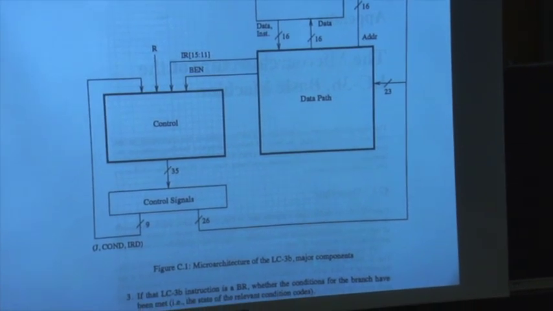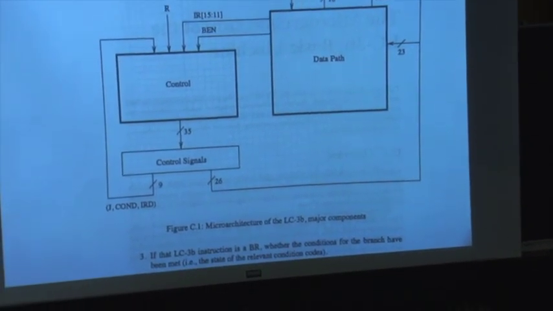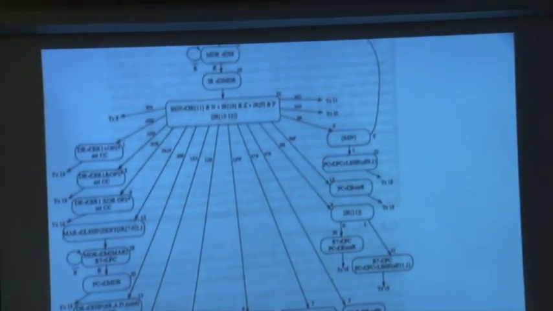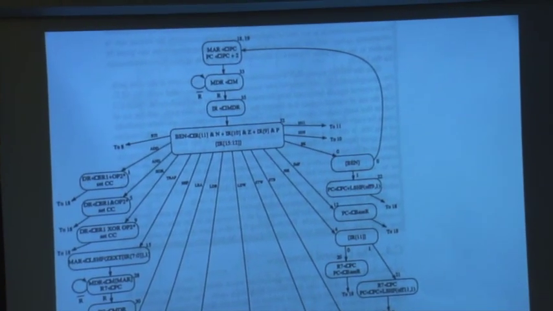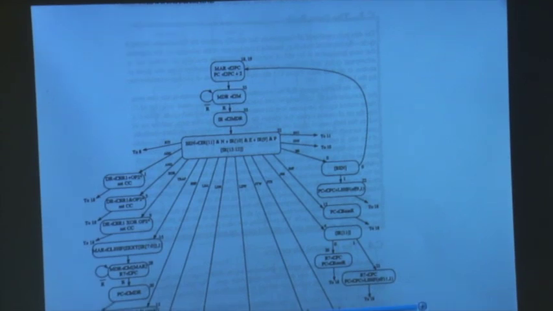Make sense? Whether or not a branch is taken determines that. Actually, let's take a look at that in the state machine. There you go. This depends on the design of your state machine, of course, but given that there is a state machine design, we're not going to change it now.